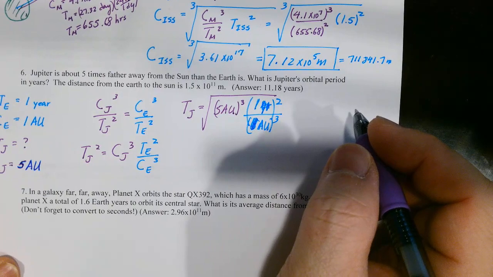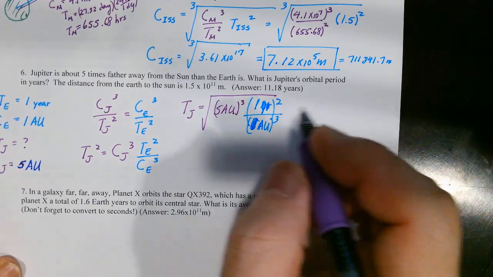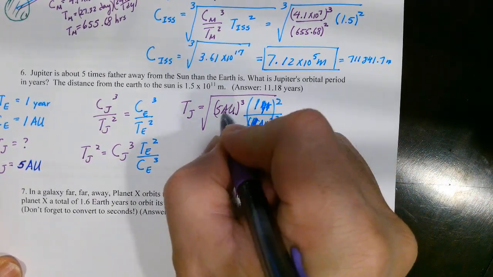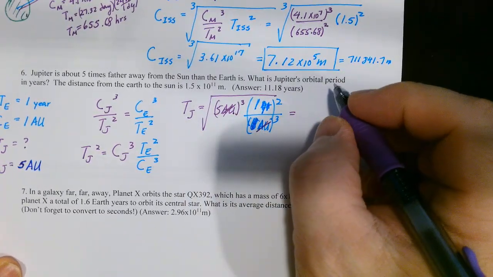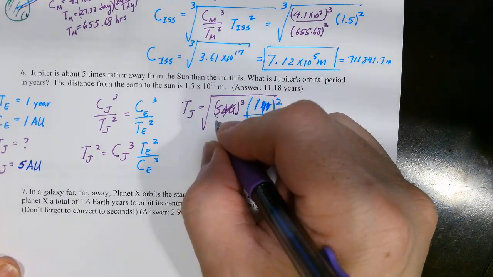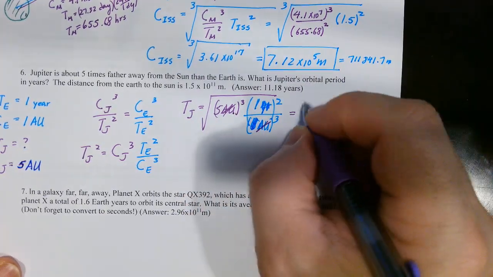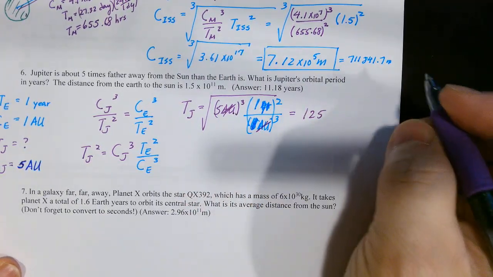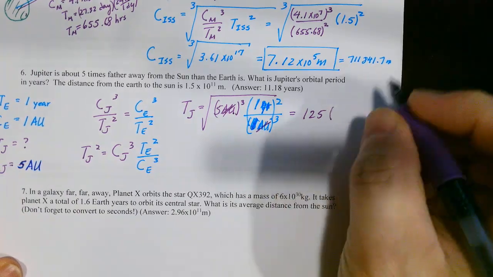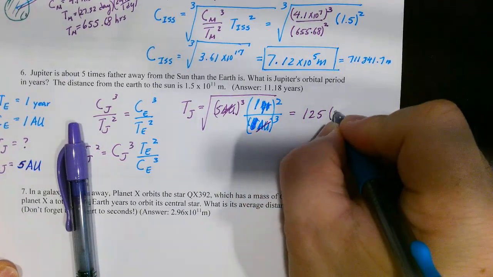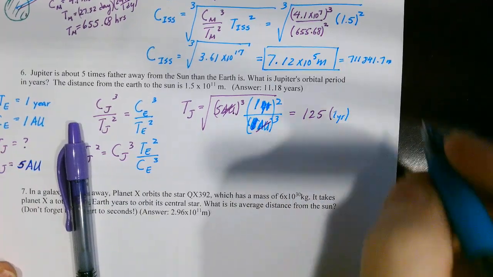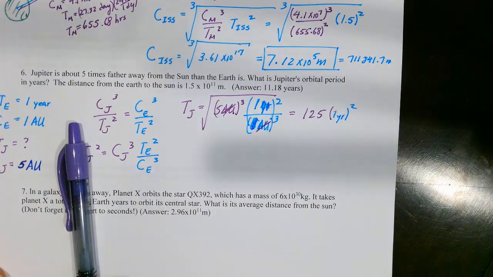So what happens? Well, the AUs get canceled out, and then we get 5 cubed is 125, times 1 year squared. And then you have to square root this.